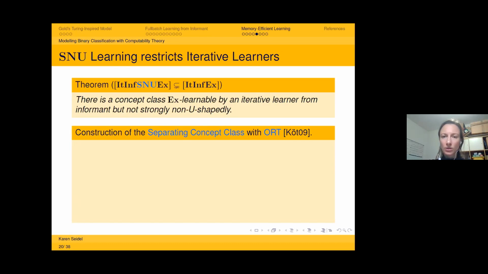So what we want to show is that there is a concept class that is learnable by an iterative learner from informants, or from binary labeled data streams, but not in a strongly non-U-shaped way, so that it is necessary to allow this behavior of deviating from a correct hypothesis.